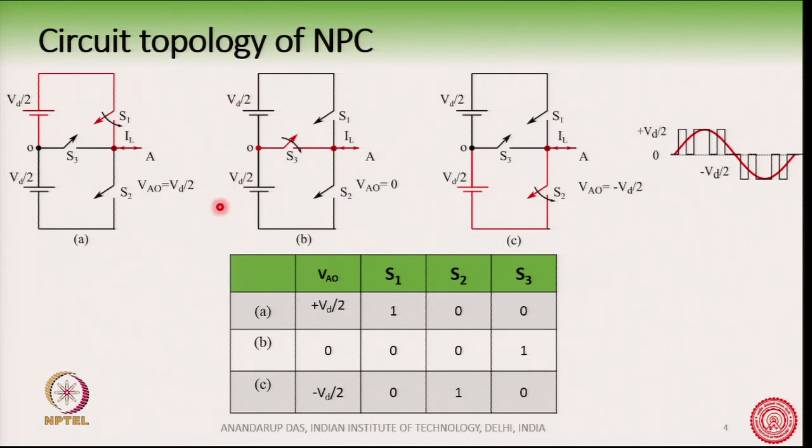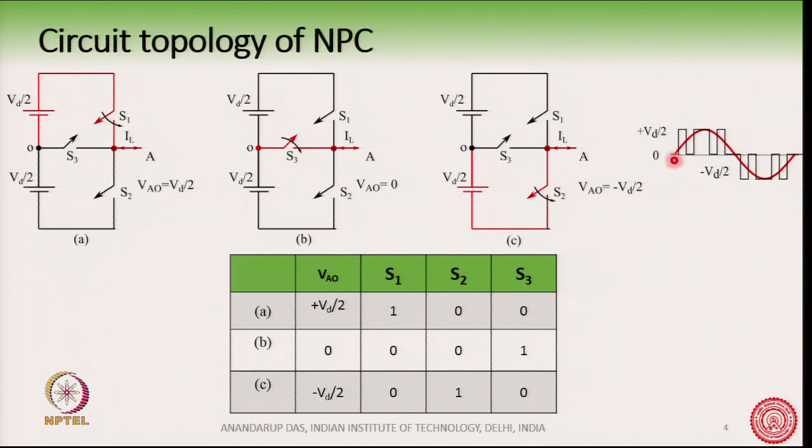Usually these 2 DC sources are made from capacitors. So, I will turn on this switch S3 and turn off S1 and S2, and in that case if the midpoint voltage is at 0, then I get a 0 voltage at point O.